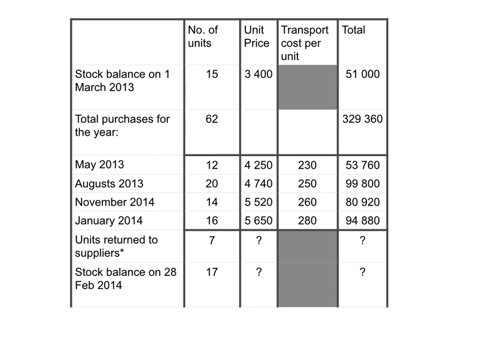And we have transport cost per unit there, 230, 250 for August, 260 for November, and 280 for January. We have 7 units which were returned to suppliers. We have closing units being 17.